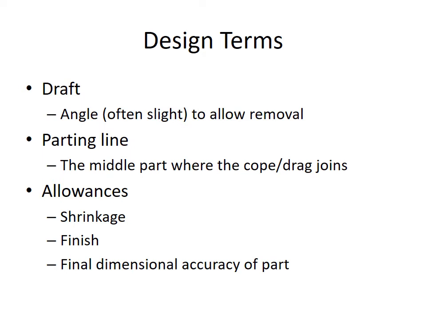You certainly can't go beyond 90 degrees, and you want to have 3 to 4 degrees of slope on any given side. The parting line: when you put the two pieces together, inevitably a little bit of material will seep out in the place where the two halves joined, and that's called a parting line.